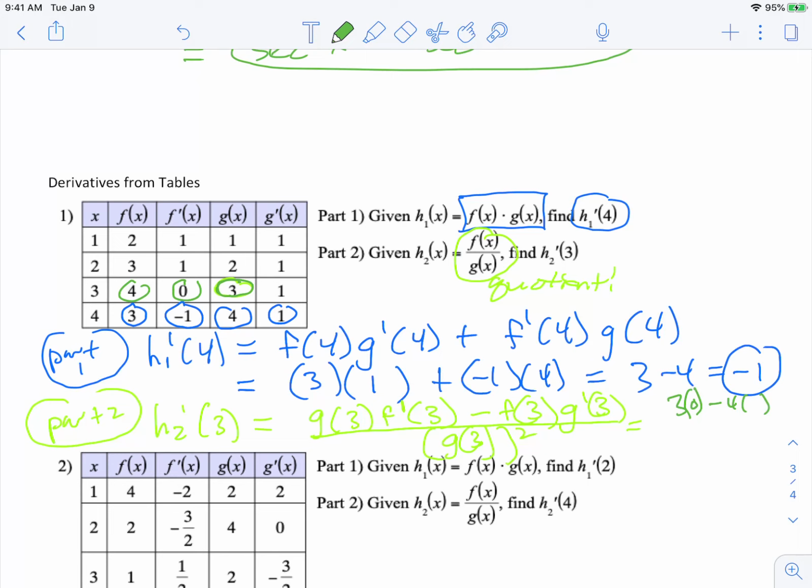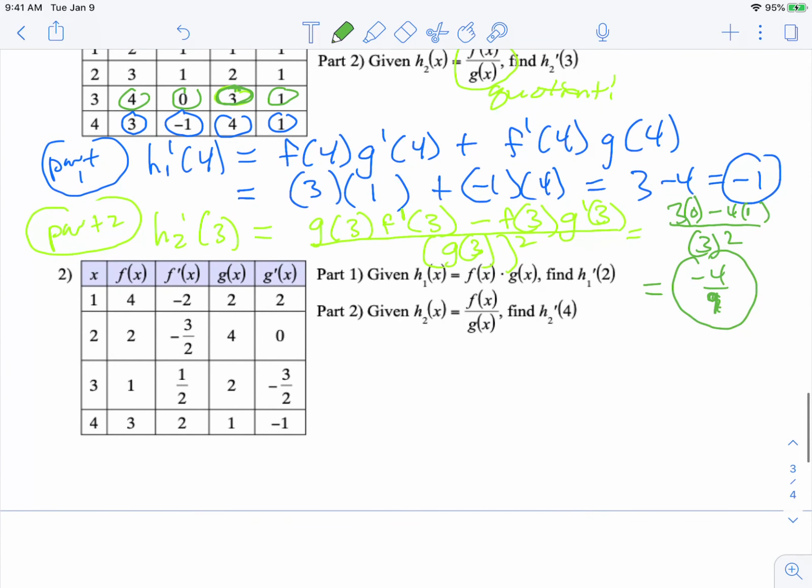And then g prime of 3, that's going to be 1, all over g of 3. G of 3, again, that was 3, so that'll be 3 squared. So if we simplify that, it'll be 0 minus 4, that's negative 4 over 9. Negative 4/9 would be the answer for that one.